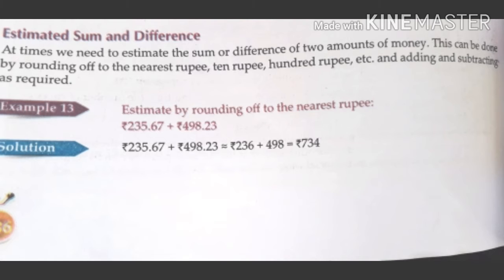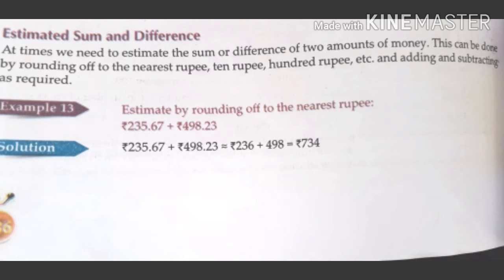You have to focus on the nearest rupee and nearest 10 rupees; 10 rupees means the nearest multiple of 10. Focus clearly: if they give plus, do the sum; if they give minus, find the difference of the given numbers.